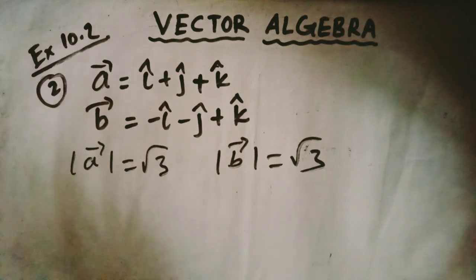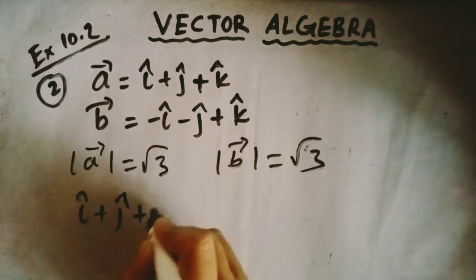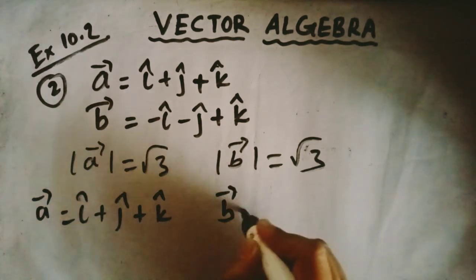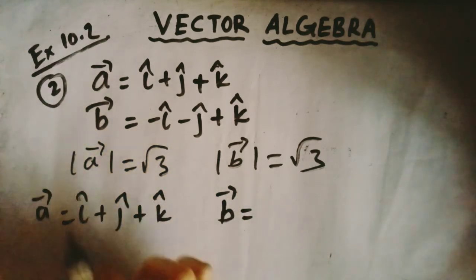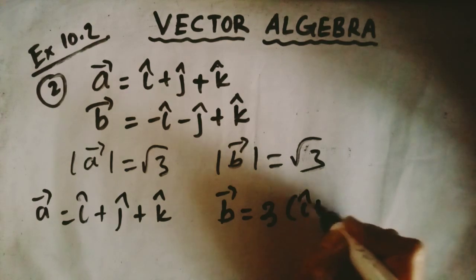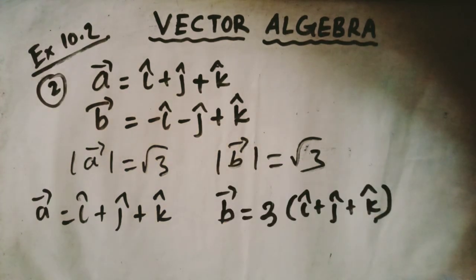You can take a vector i plus j plus k, and another vector as a scalar multiple of it, say 3 times i plus j plus k. Both vectors will have the same direction cosines, so they have the same direction.